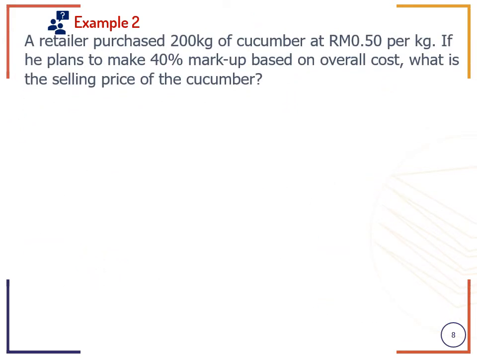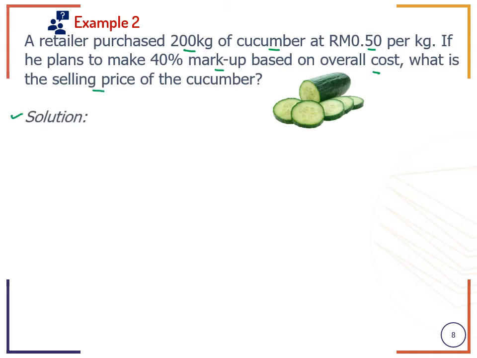Example 2. A retailer purchased 200 kg of cucumber at 50 cents per kg. If he plans to make 40% markup based on overall cost, what is the selling price of the cucumber? The solution: calculate first the total cost of cucumbers.